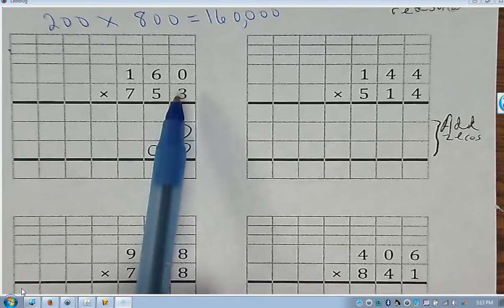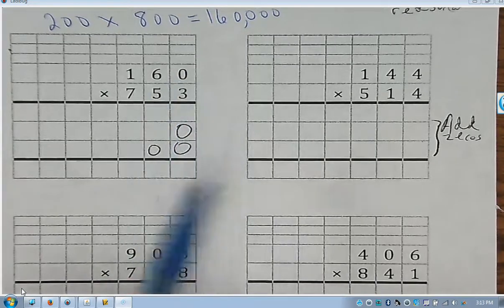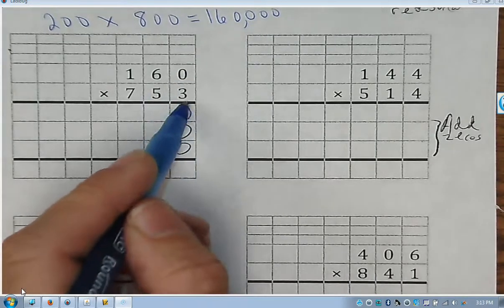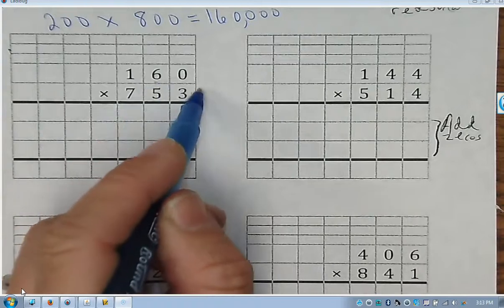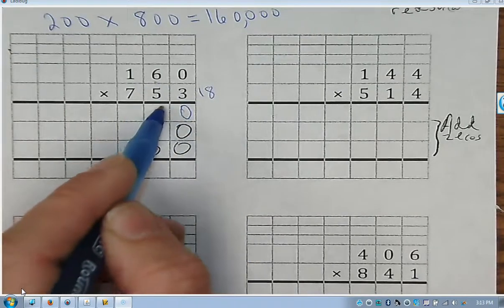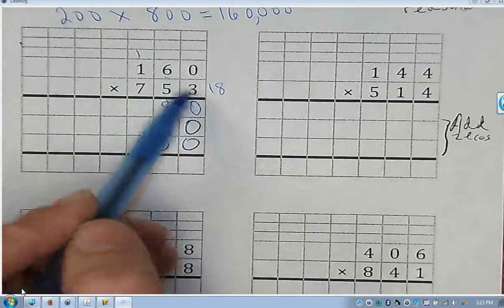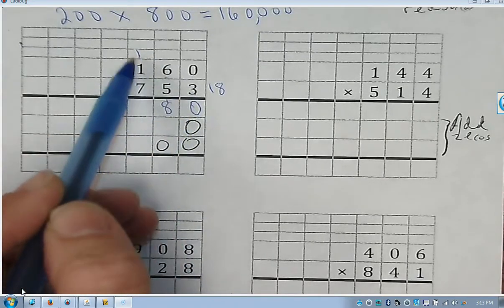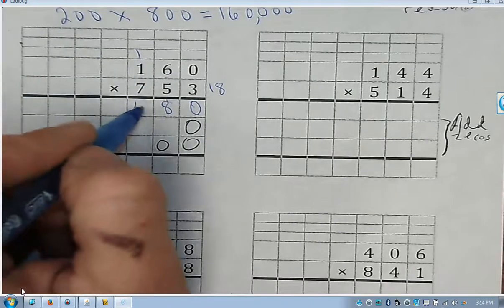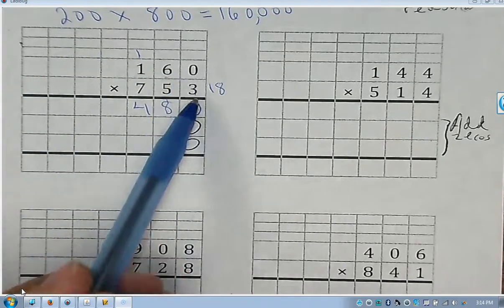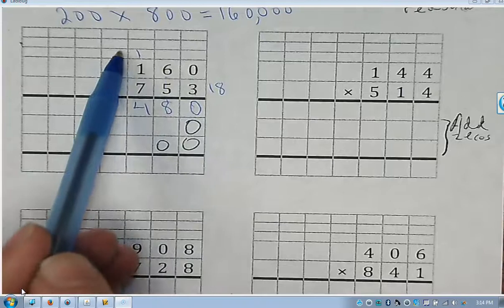All right, 3 times 0, 3 times 0, 3 times 6, 3 times 1 plus 1.